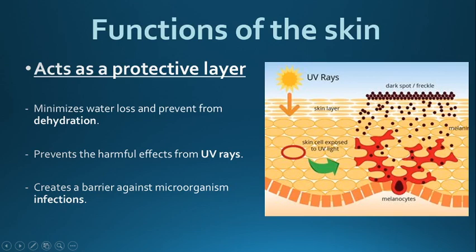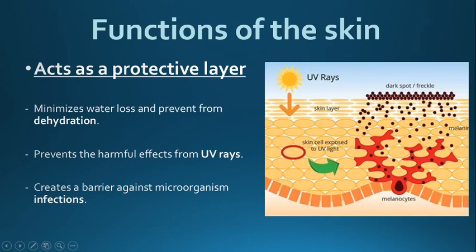Then, prevention of harmful effects from UV rays. This is a very important function because it helps to prevent skin cancers. Let's see how this UV protection happens. Look at this diagram.